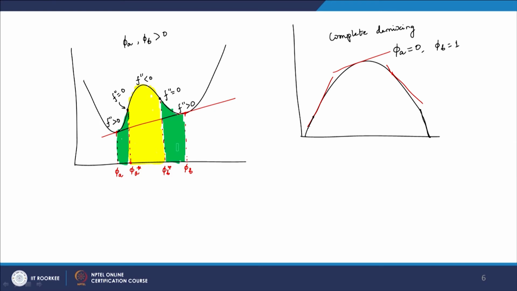So, this part in the middle is known as an unstable region, and these two parts are known as metastable regions.